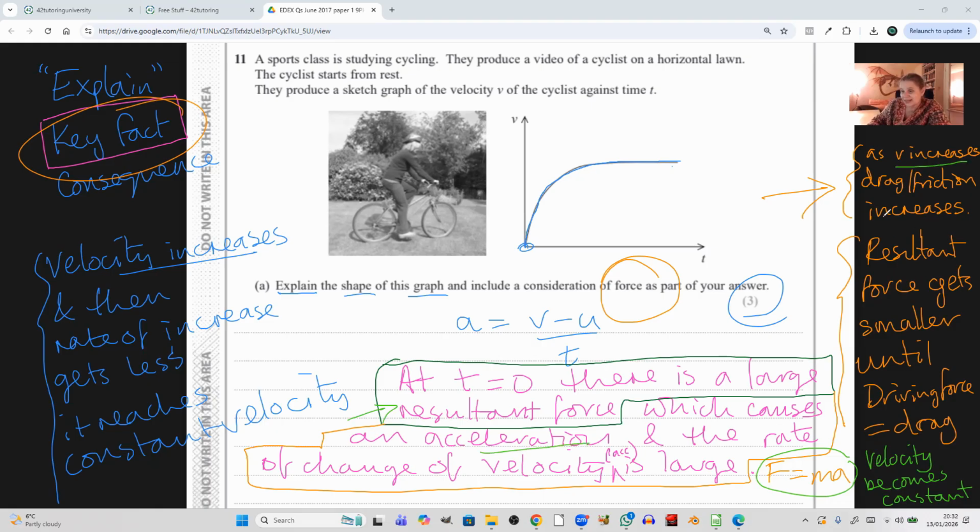When V increases, the drag or friction increases, the resultant force gets smaller until, yeah, can you see? Key fact, consequence, key fact, consequence, all the way through until we've described the entire shape. Okay, Newton's first law for the very last bit, yeah, the terminal velocity, or really in this case, top speed.